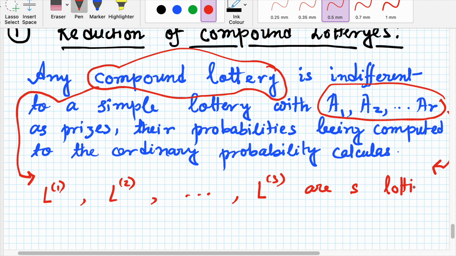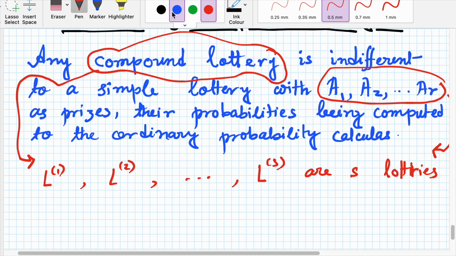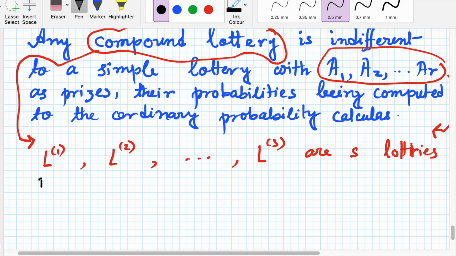These are called simple lotteries, and we will see why. Simple lotteries involve prizes A1 to AR.